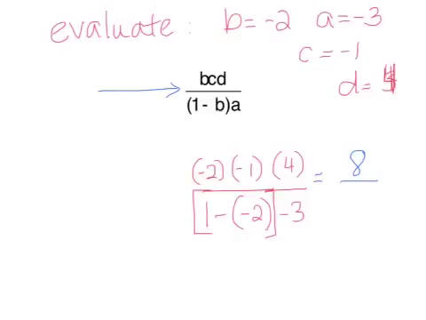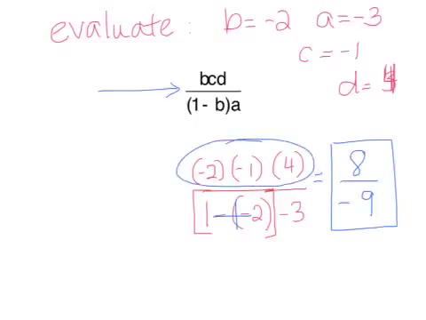So 1 minus negative 2 becomes 1 plus 2. So 1 plus 2 is 3. 3 times negative 3 gives me negative 9. Okay? So make sure you do the numerator, the denominator, and then if you can, you can simplify the fraction once you get to the answer.